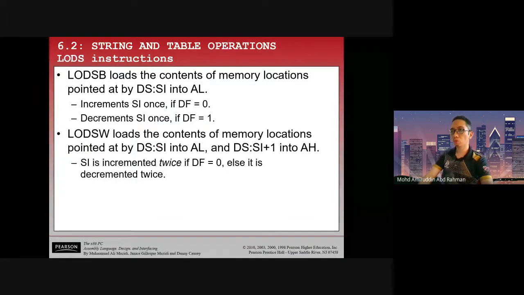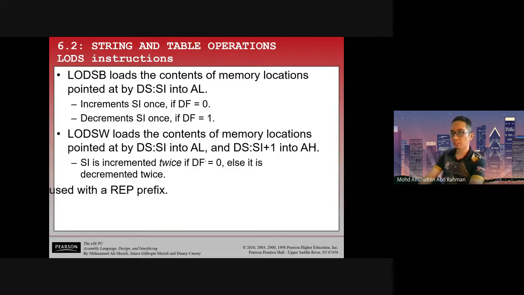And also for the word, you have the instruction LODSW. Similar to store, you have DS:SI and also DS:SI plus 1, so it is incremented twice based on the direction. The load does not use the repeat prefix.